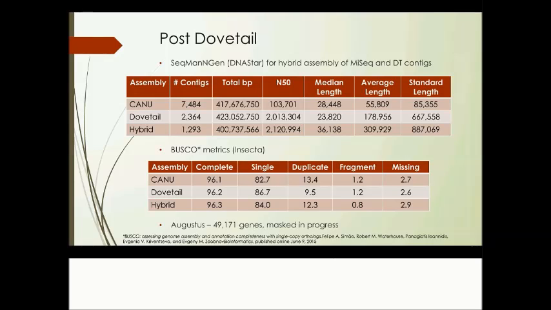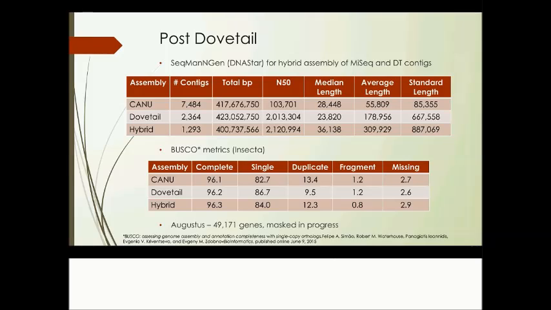We took that then and did the same thing with it that we did with the lesser grain borer, and we then took our Canu assembly, where we had about 7,500 contigs. The Dovetail improved it to about 2,400 contigs that were much longer.